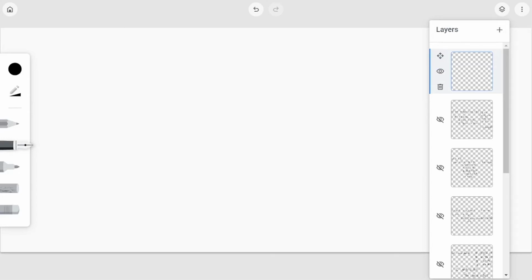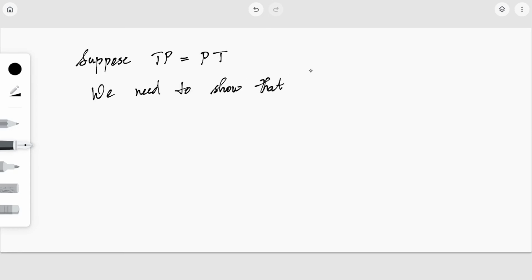So first of all, let us suppose that TP equal to PT. Now we need to show that T of E1 is contained in E1, then only E1 is an invariant subspace, and T of E2 is contained in E2, right?